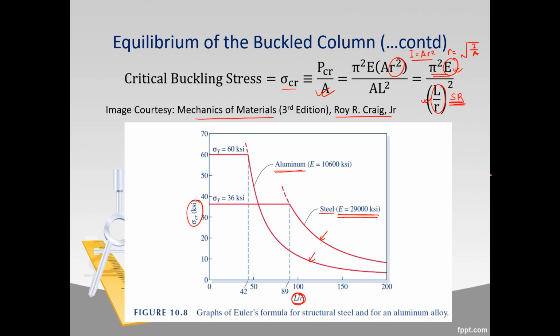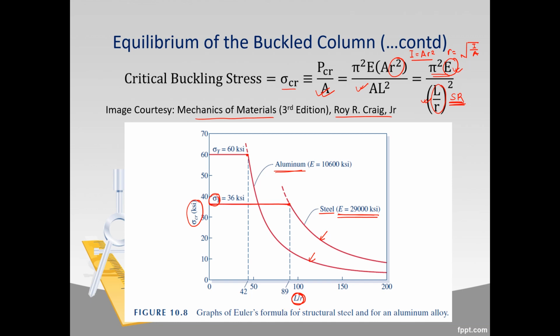And remember, although not shown in our derivation yet, this equation for buckling stress and buckling load is only applicable to the limiting stress of sigma y, which we consider as the compressive yield stress. Above the value of sigma y for any material, either aluminum or steel, this equation is not applicable.